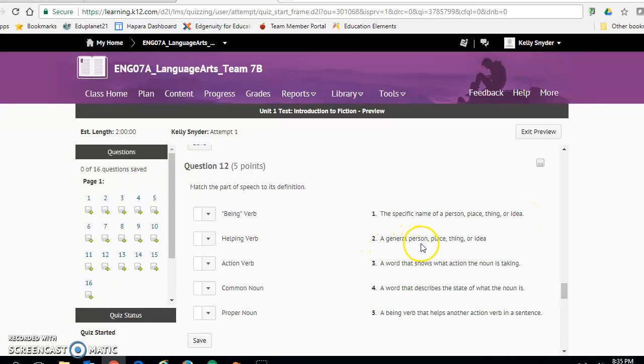Which one is a general person, place, thing, or idea? Which one is a word that shows what action the noun is taking? Which one is a word that describes the state of what the noun is? And which one is a being verb that helps another action verb in a sentence? So you're going to choose the correct definition next to the word.